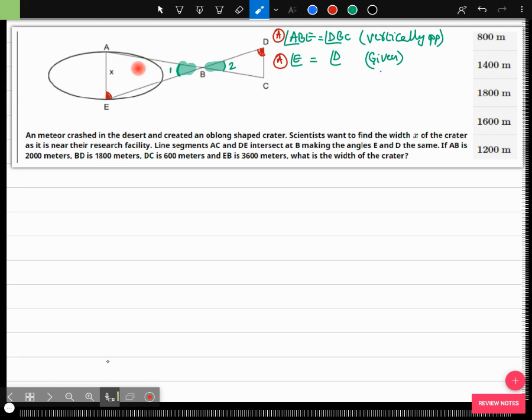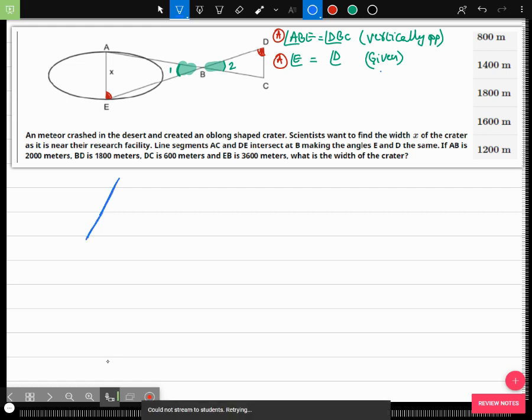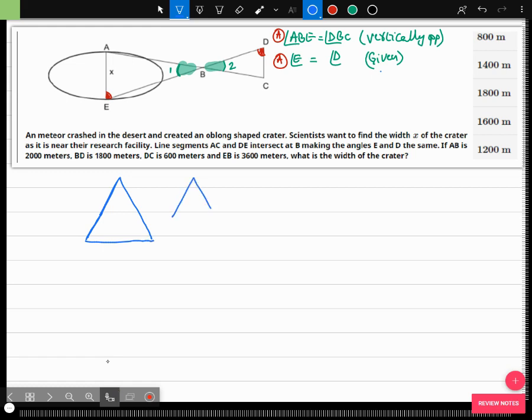But you have to be really careful while writing the statement. So let me draw two triangles: on the left side a big triangle, and on the right side a small triangle. I know that angle 1 equals angle 2, because vertically opposite angles are equal.